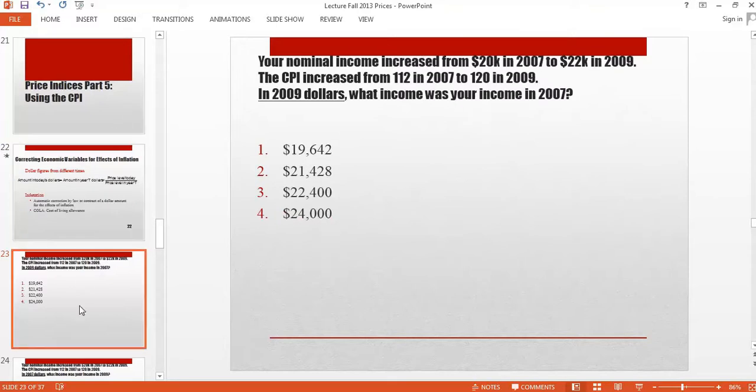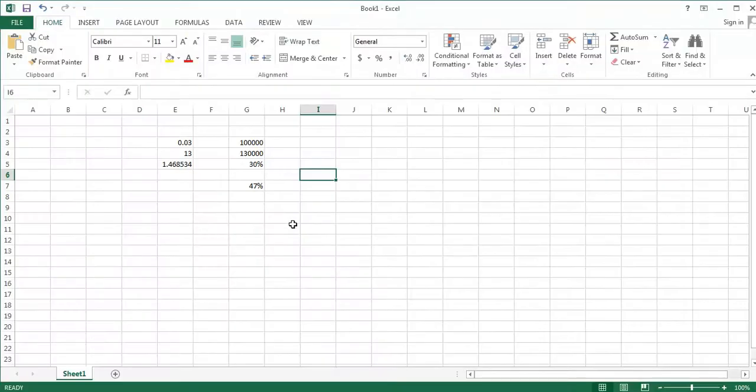So we're going to go over to our spreadsheet here, and our relevant values are $20,000 and $22,000. When our income was $20,000, the CPI was 112. When it was $22,000, our CPI was 120.